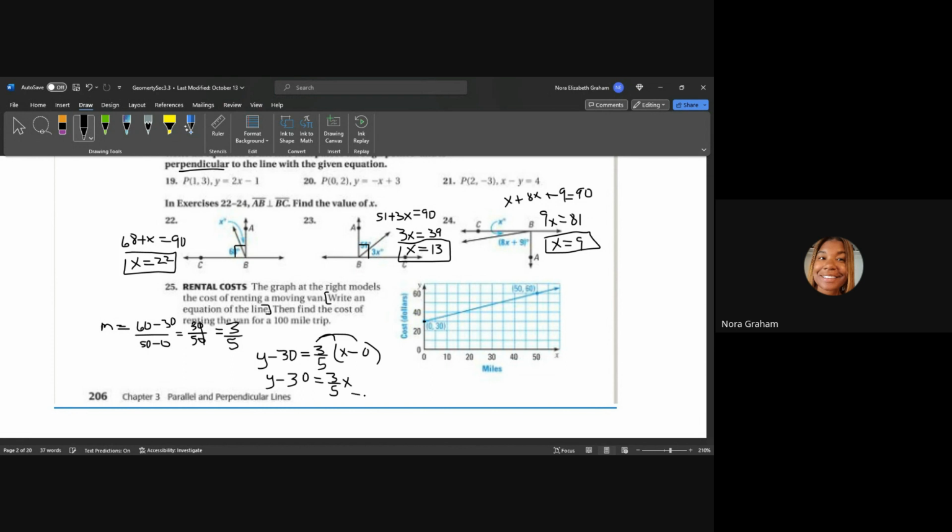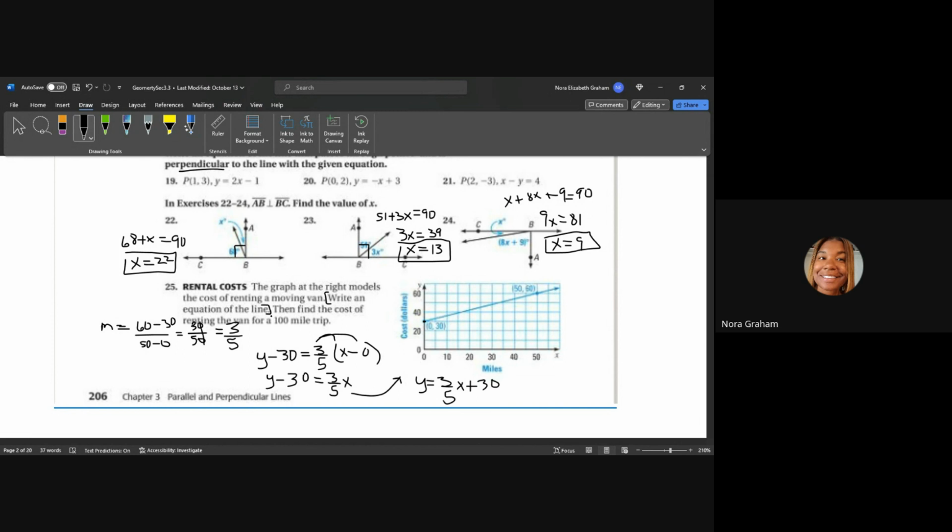So y equals 3 over 5x plus 30. There's my equation of the line that helps model the situation that they gave us.